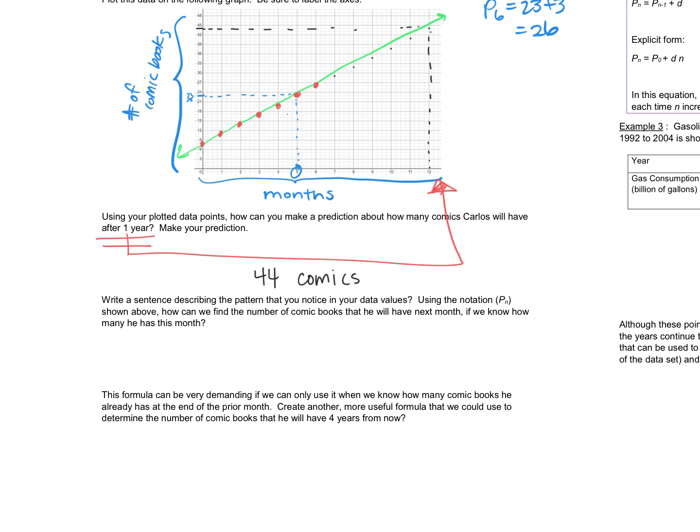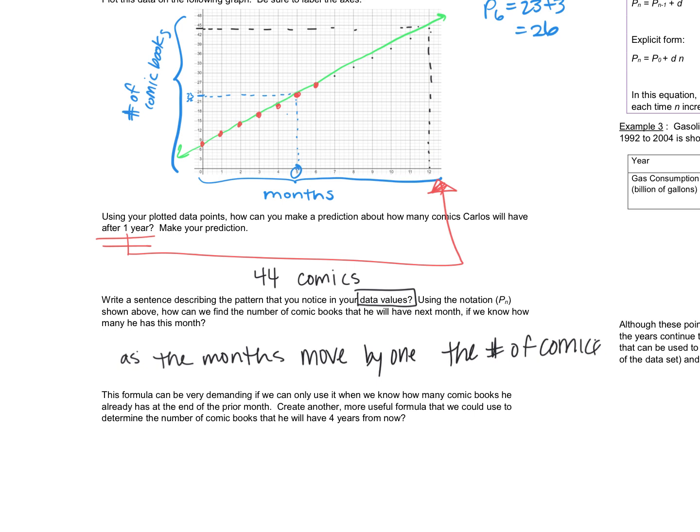The pattern that we notice in those data values is that as the months move by 1, the number of comics increases, and we know it's going up by 3. So if we know the number that he has this month, we'll know how many he has next month.